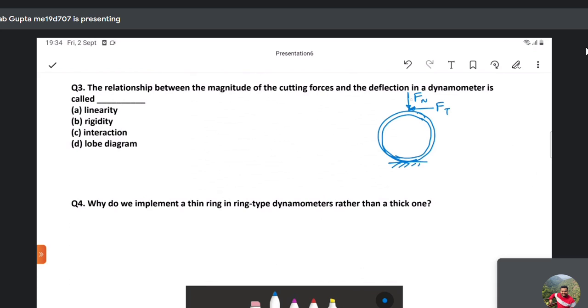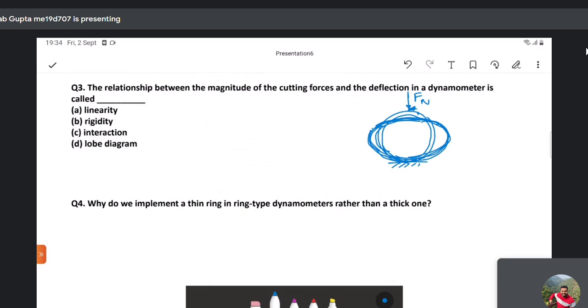Now under this force, it will try to bend like this. So if you are removing Ft, say we are taking only Fn, it will try to assume a shape like this.